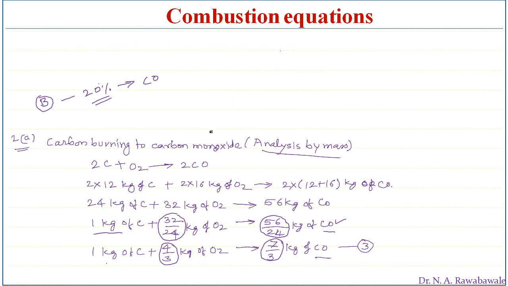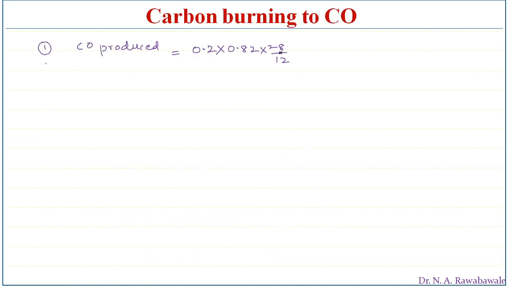Coming back to this equation, 56 divided by 24, if we divide it by 2, becomes 28 divided by 12, or it can be taken as 7 by 3. You can take either 28 by 12 or 7 by 3, and after that the carbon monoxide produced is 0.383 kg.